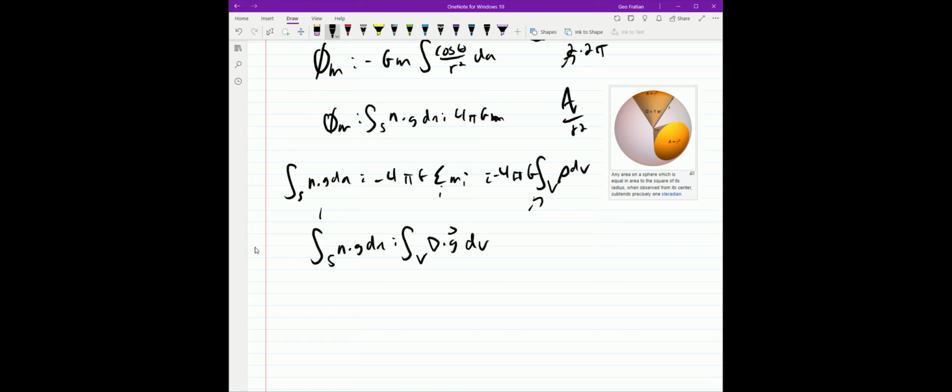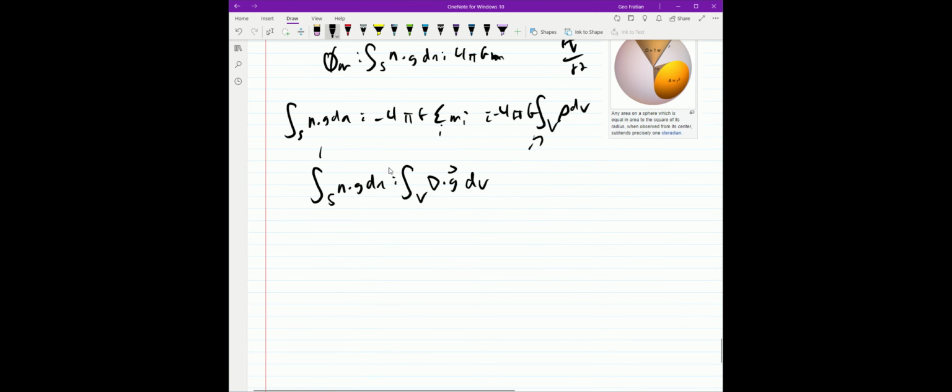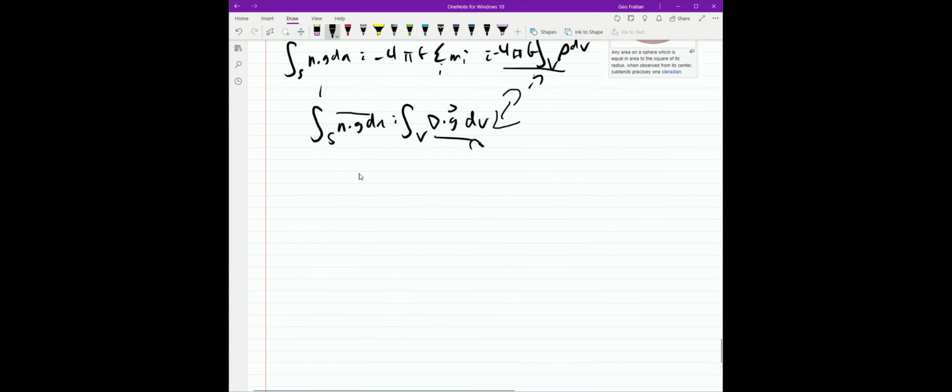So, interesting result. And this is where Poisson's equation basically falls out, because we can set this equal to negative 4 pi G rho dV. We know that these two are now equal, since one is from Gauss's divergence theorem and the other is just from math.